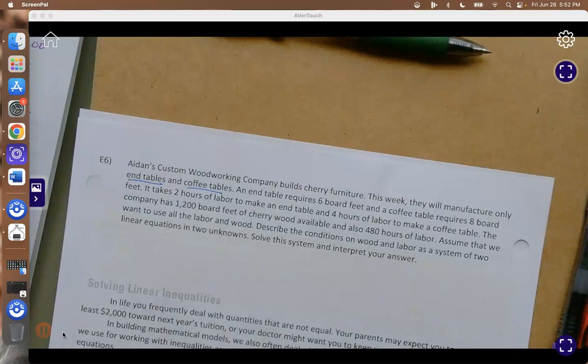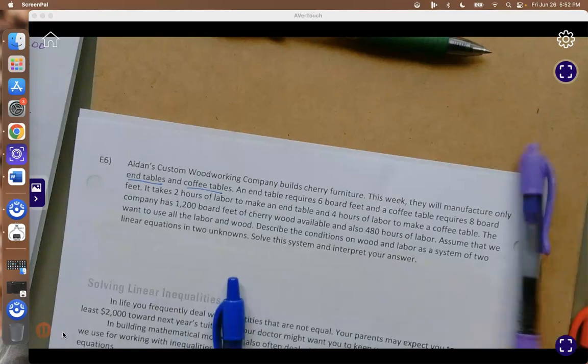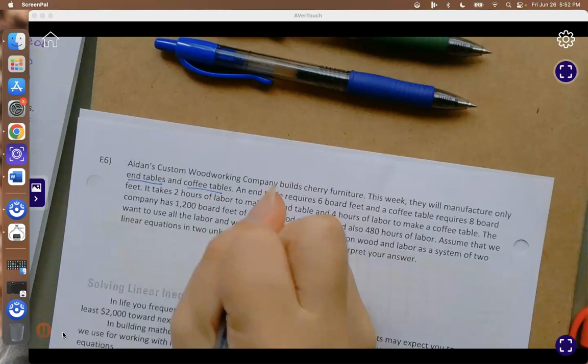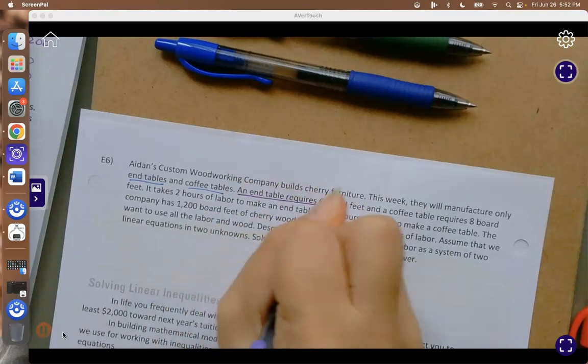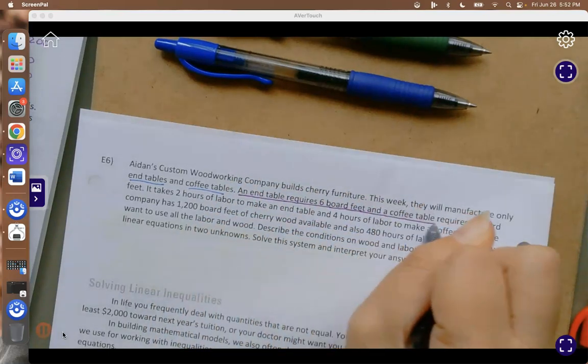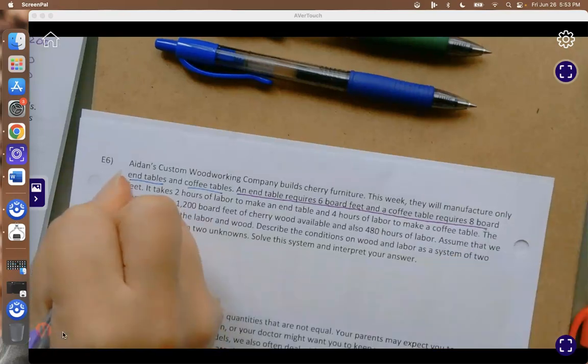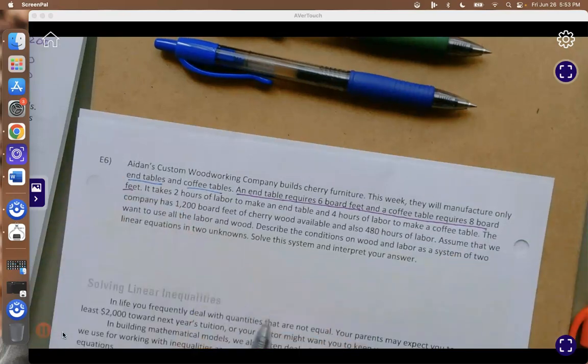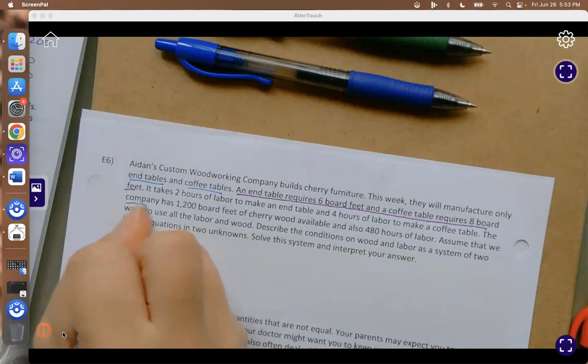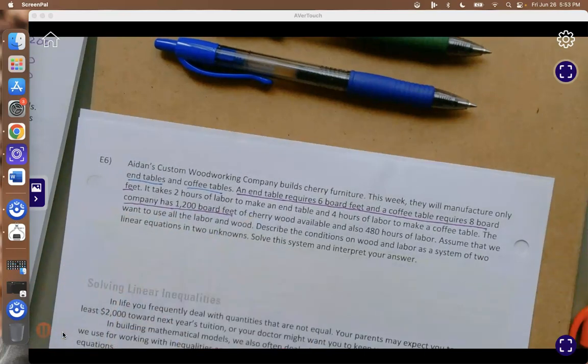An end table requires 6 board feet, and a coffee table requires 8 board feet. Okay, and they have 1,200 board feet.